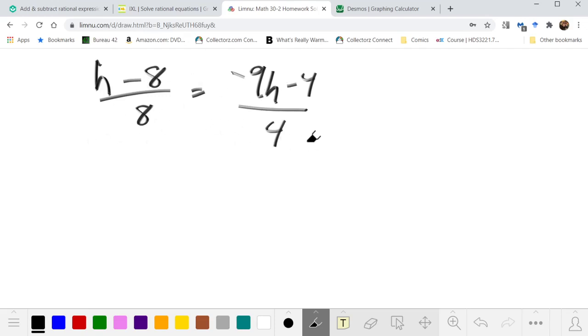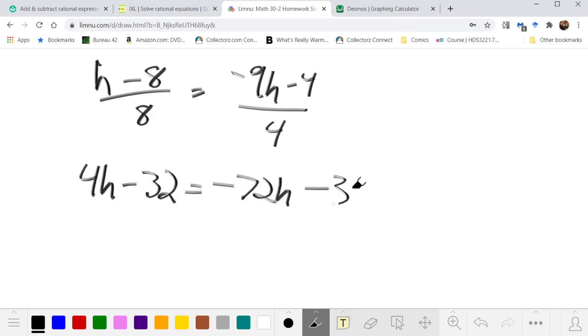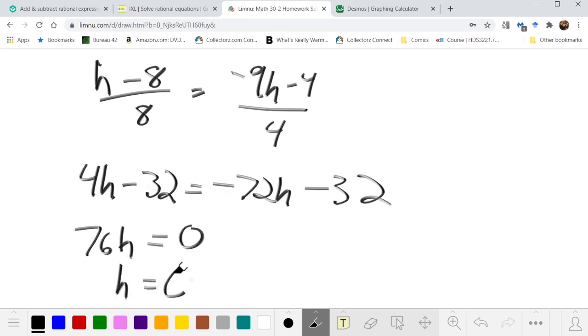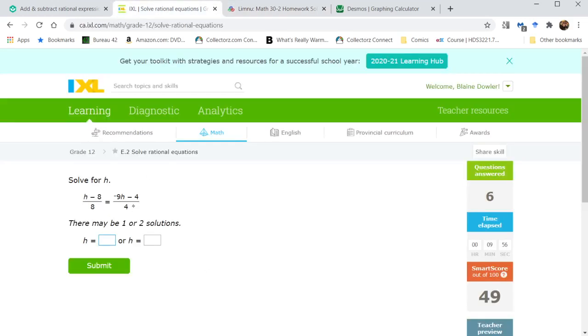There's no h's in our denominators, no chance to divide by 0. So we just cross multiply. We move everything to one side of the equation, or at least everything with an h to the left-hand side of the equation, everything without to the right. That gives us h equals 0, and yes, that does work. That gives us a negative 1 on both the left and the right.